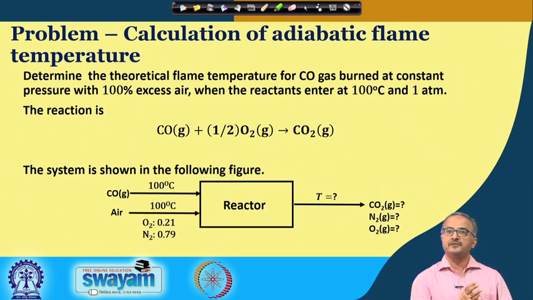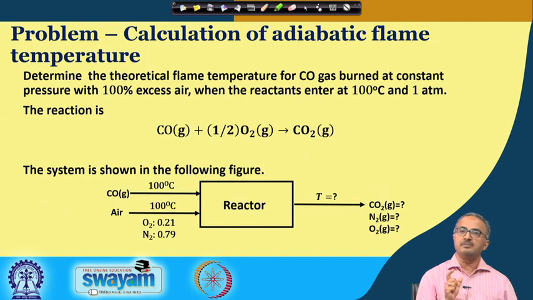The word adiabatic means that it is assumed that there is no heat transfer between the system and the surroundings, so that whatever heat is generated by the reaction remains within the system, and it can increase the internal energy of the system to the maximum possible extent. So that is the significance of the adiabatic flame temperature.